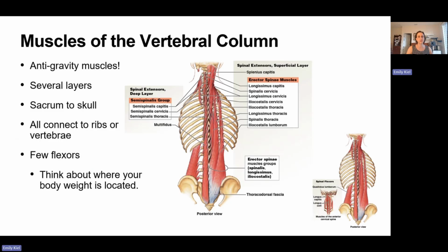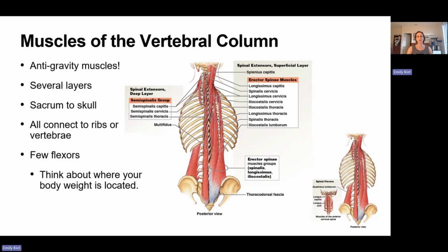We've got the muscles of the vertebral column. I'm not expecting you to know all of these. Again, look at what's on your list in Canvas, but these are our anti-gravity muscles, and we've got several layers of them. You can see some are longer, some are shorter, with various origins and insertions, and they run from the sacrum to the skull. There are not many flexors on the vertebral column, and to see why, think about where the weight of your body is located.